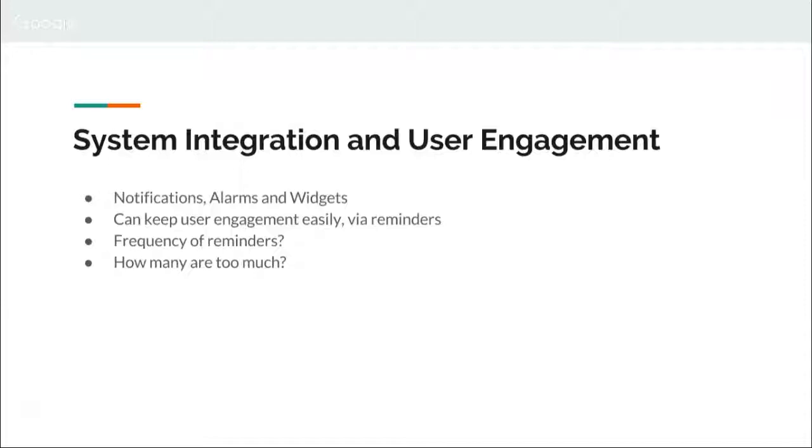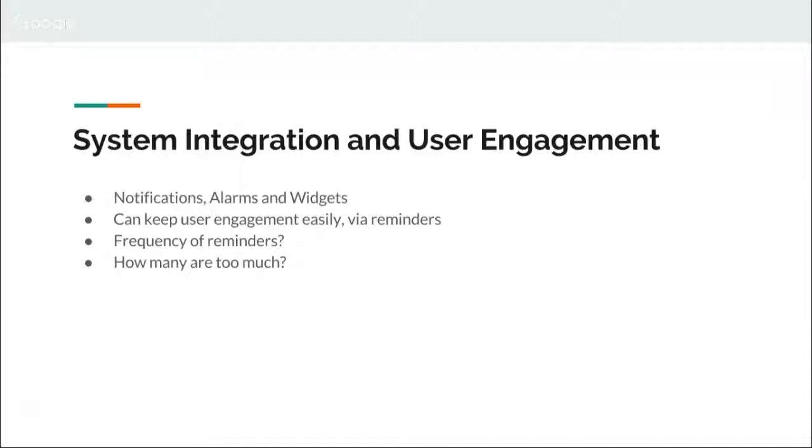Alarms can be set for a specific time, so the user will be able to interact with your app. Alarms and notifications are used frequently together, but alarms can be used on their own. They can launch an activity of our application at a certain time.